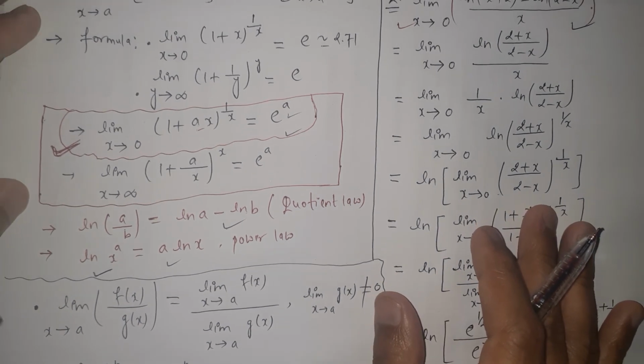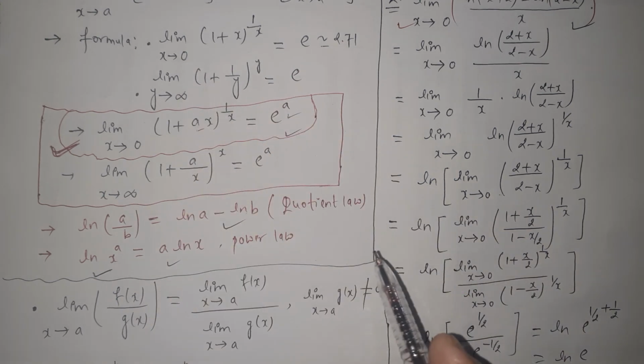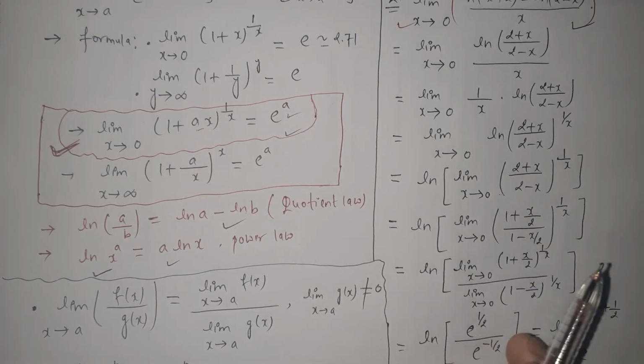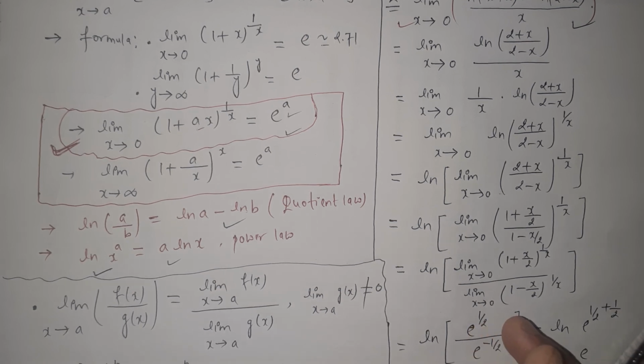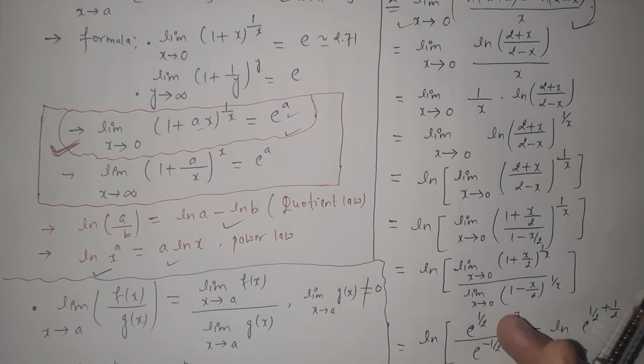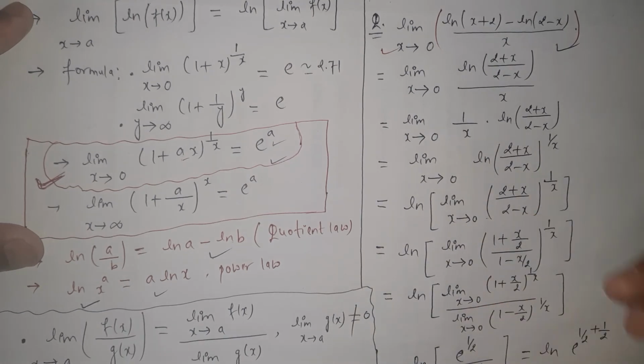I already made a separate video on the topic, properties of the limits and some very important formulas of the limits. Please first watch that video, and then you will be very clear about this particular problem. This is a very important problem.